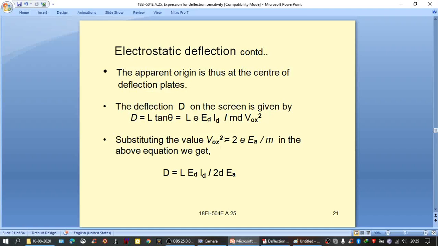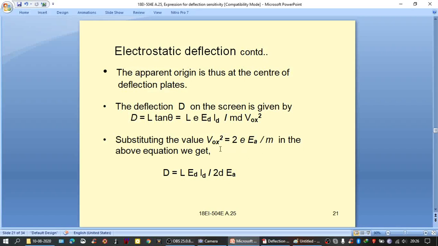Vox square is equal to 2 Ea by M. This is nothing but the equation arrived at by equating the potential energy and kinetic energy. Ea is equal to half M V naught square, Vox whole square, half M Vox square.